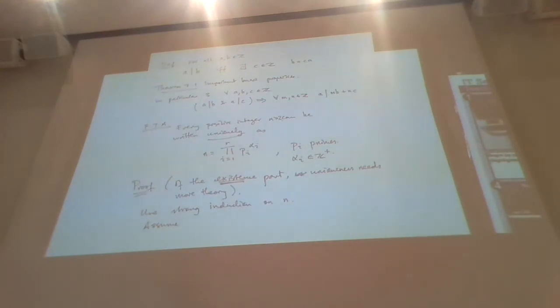An empty product should have the value of 1. But anyway, we'll assume the result is true for all k satisfying 2 less than or equal to k, strictly less than n, say.